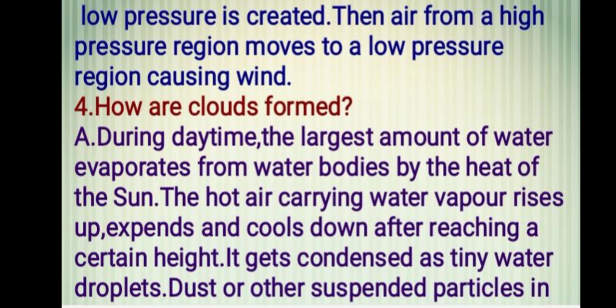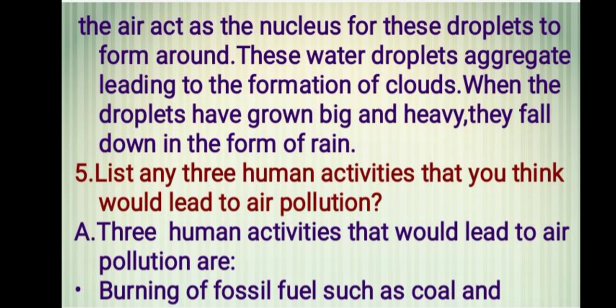Dust or other suspended particles in the air act as the nucleus for these droplets to form around. These water droplets aggregate, leading to the formation of clouds. When the droplets have grown bigger and heavy, they fall down in the form of rain.